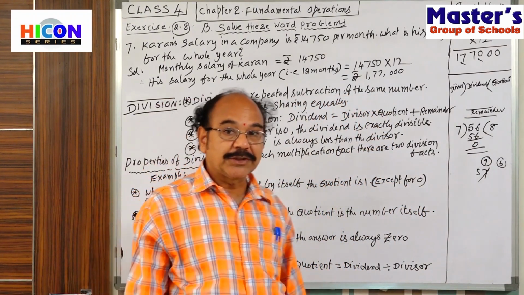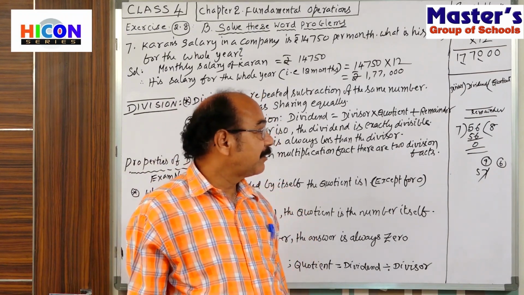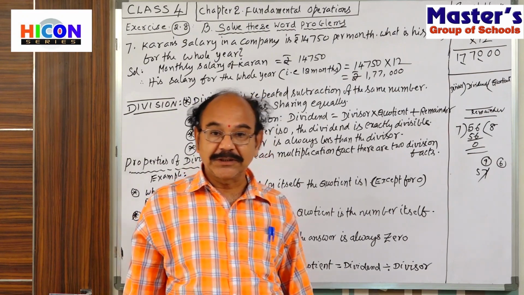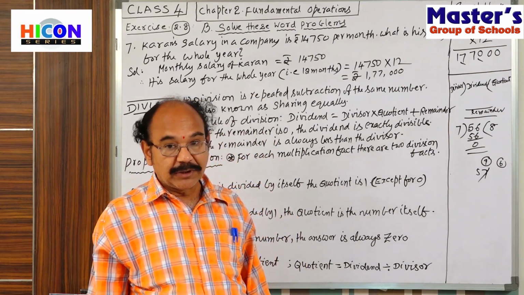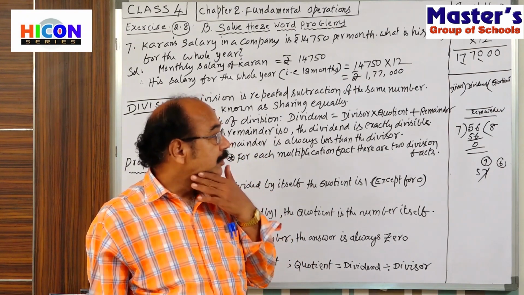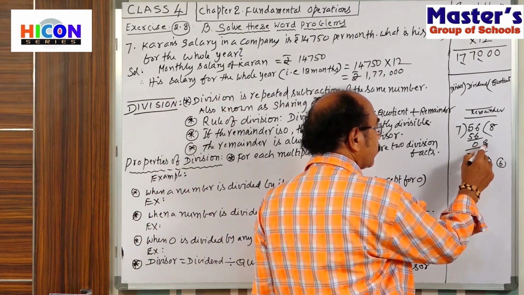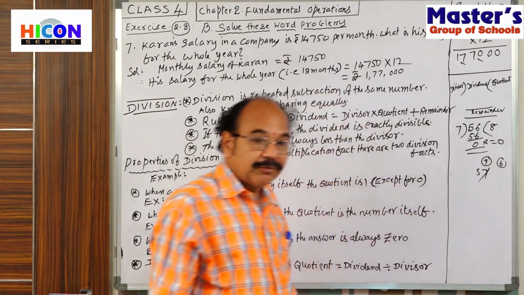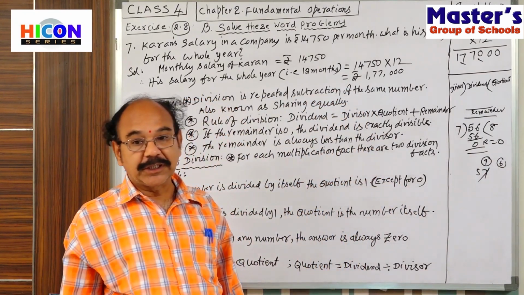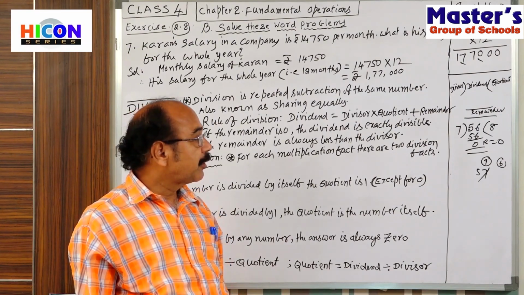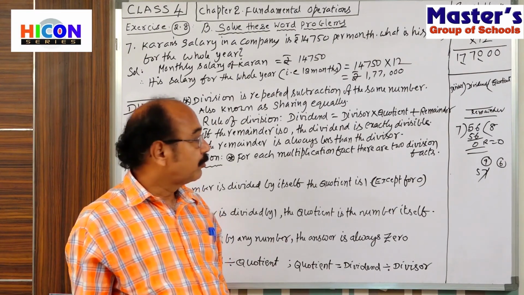So here 56 is divided by 7 exactly. 7 divides 56 exactly. That word we use, exactly. Why? Because the remainder is 0. That's why we say 56 is exactly divisible by 7.